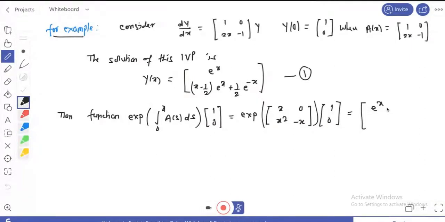You can find this equals half x minus half x e to the power minus x, and the second column is this thing, multiplied by (1, 0). Finally we can write directly the results.